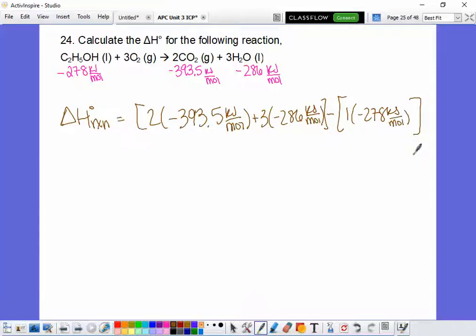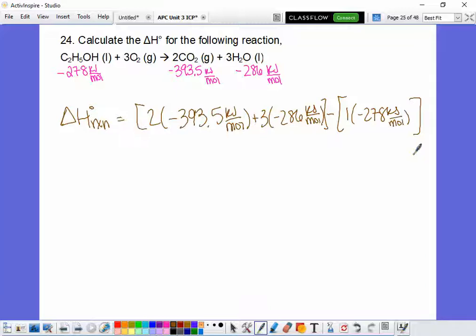Technically, it's plus 3 times 0, but you don't need to actually write that. Do you think we would see this more in free response? Yes, free response. So when you check that you set it up properly, make sure you do products minus reactants, and you're multiplying the coefficients by the delta HFs for each substance.